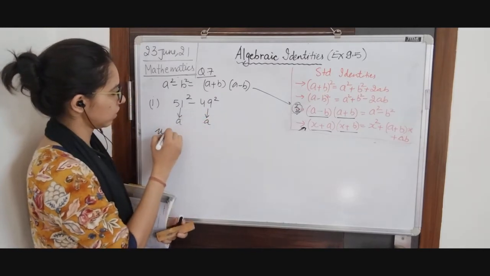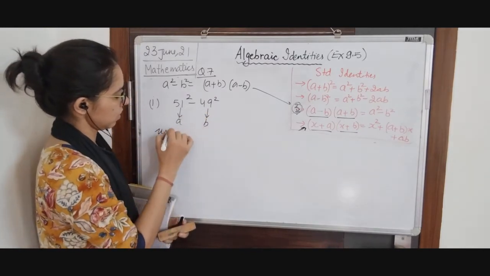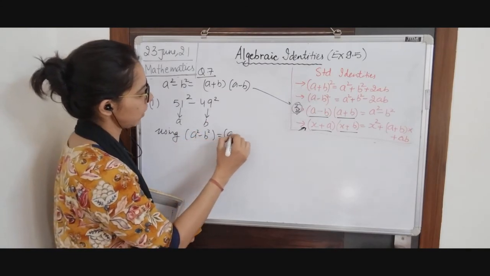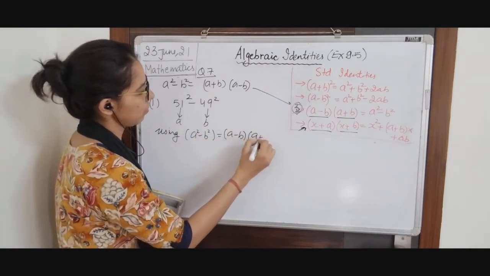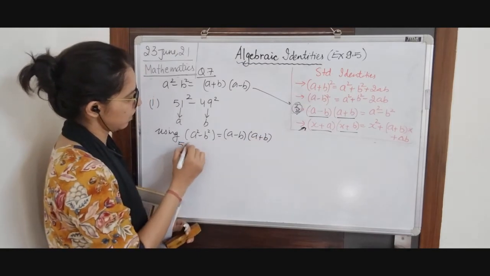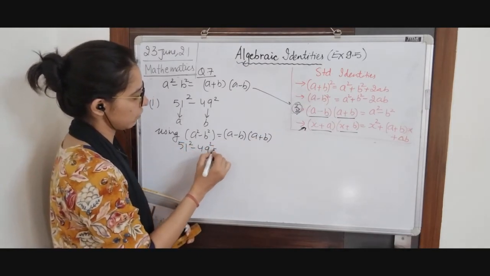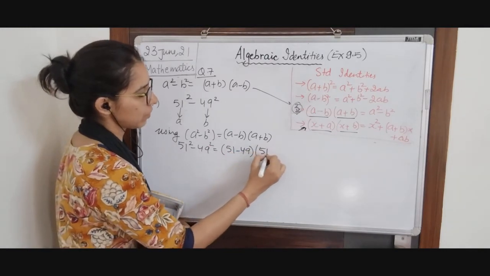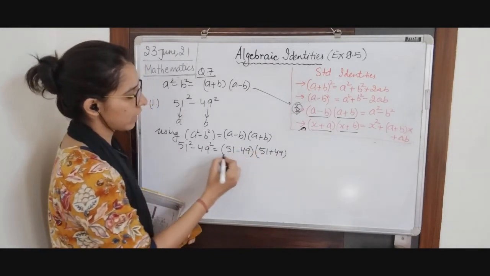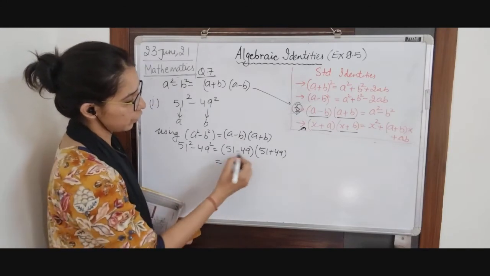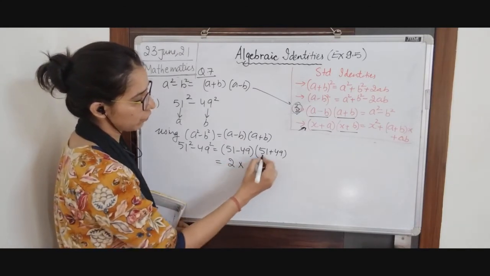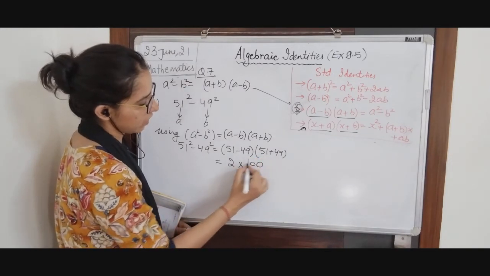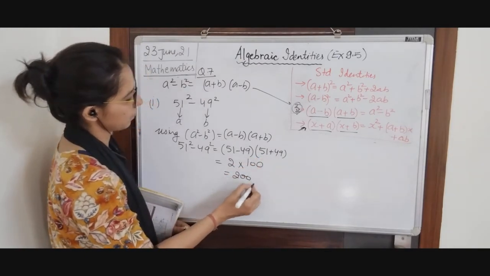So using a square minus b square is equal to a minus b into a plus b, your 51 square minus 49 square will be 51 minus 49 into 51 plus 49. 51 minus 49 will be 2, and 51 plus 49 will be 100, so it will be equal to 200.